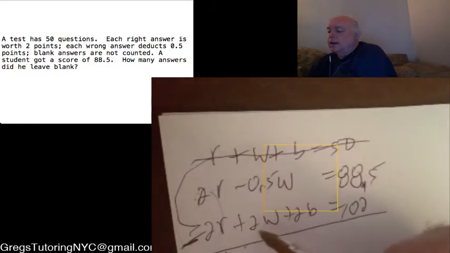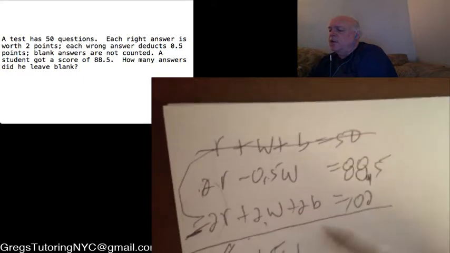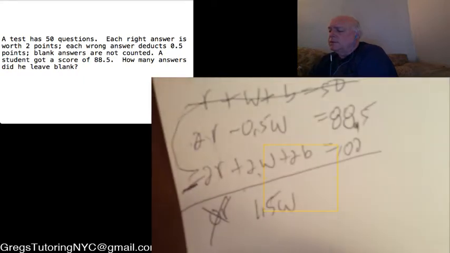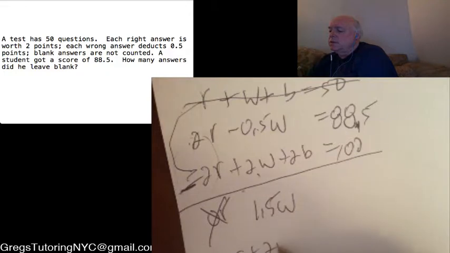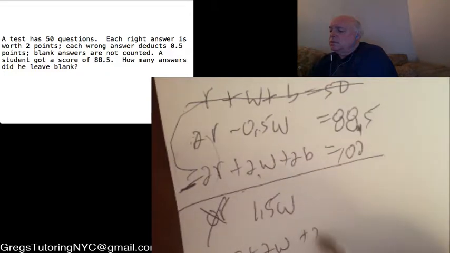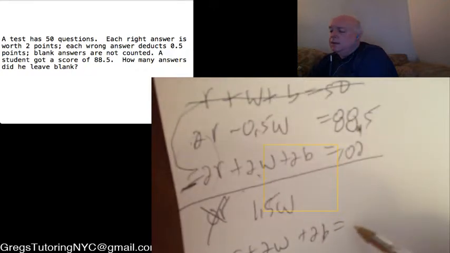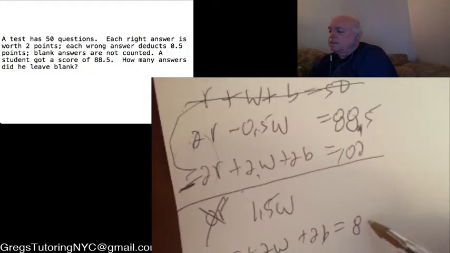No, sorry, I get a plus sign here because I wanted to do it in reverse. Let me rewrite this. 2R plus 2W plus 2B equals, what did that equal? No, sorry, equals 100.